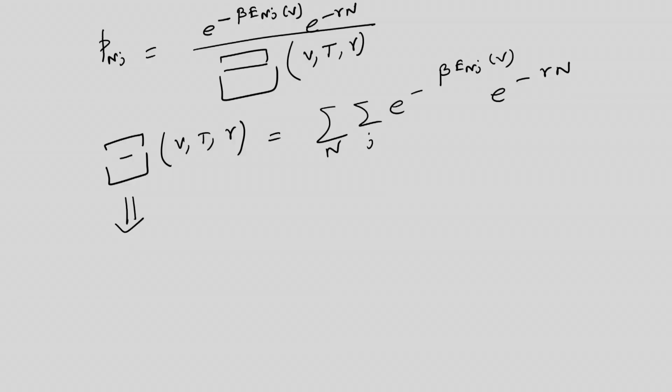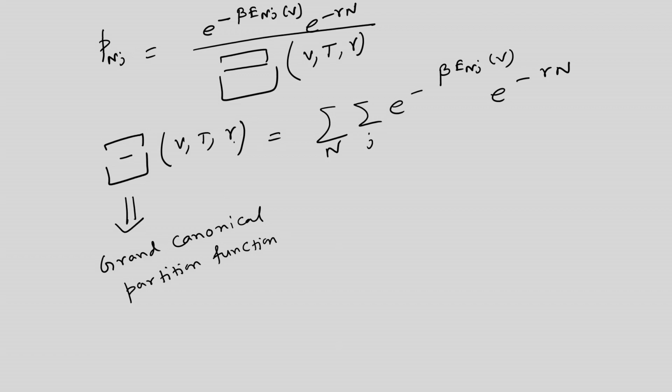This capital theta is known as the grand canonical partition function. And this grand canonical partition function is a function of V, T and gamma.